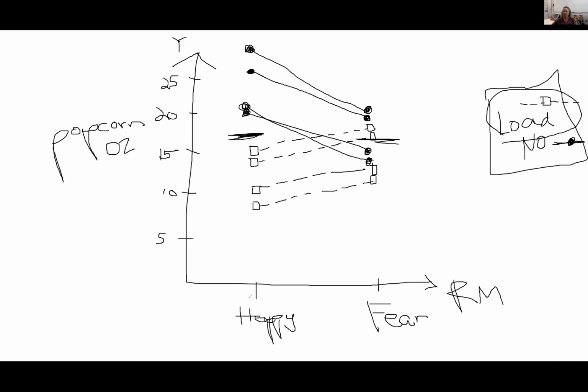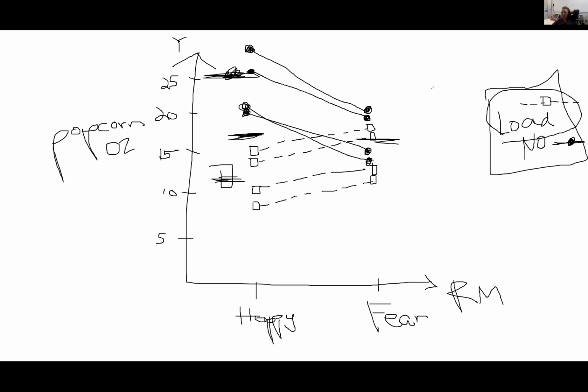How much they ate depended not just on whether they ate beforehand, but also on what type of movie. Movie doesn't have an overall effect if you collapse everyone together. But if we look at the average of the loaders and the no loaders, it's very different for the happy film. During the happy film, the no loaders ate more than the loaders. That sounds weird. Those that ate beforehand averaged lower than those that did not.